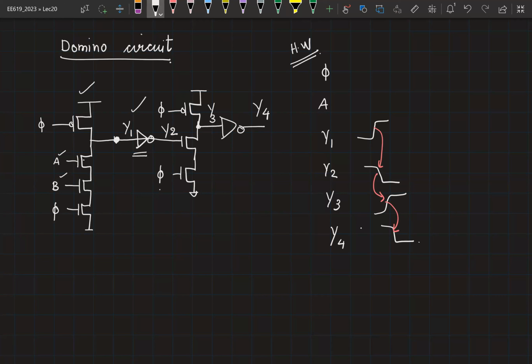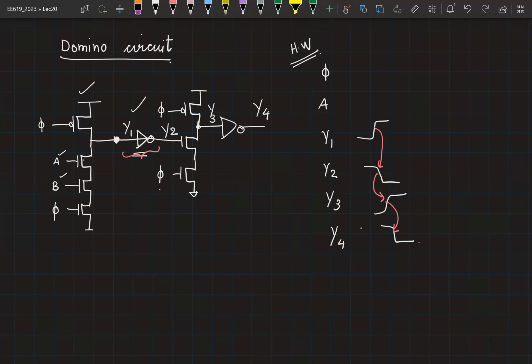Right. So now the other question is, what sort of inverter should I use here? Any suggestions? CMOS inverter. Okay. In that CMOS inverter, is there any other information that we have which we can use to optimize it? During the evaluation phase, what do you expect to happen at the output of the inverter? It can either remain at 0 or it can only fall, right?